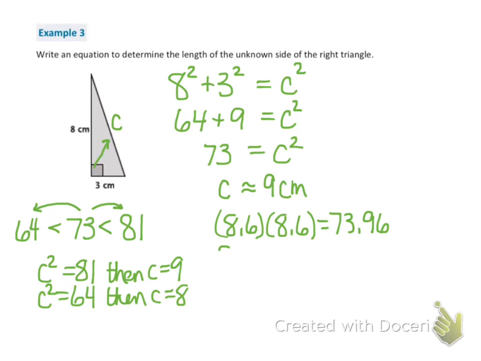Okay, and I'm going to actually check something that's bigger than 8.5, because this is the last one I want to do. So I'm going to go 8.55, because I know that it's closer to 9, so 8.5 is probably going to be too small. So let's try this one.